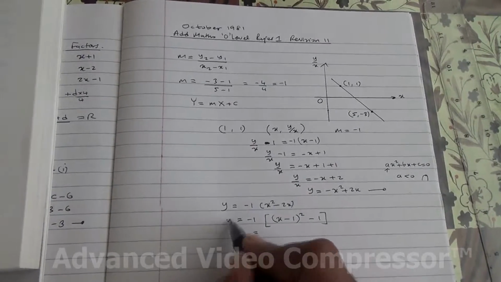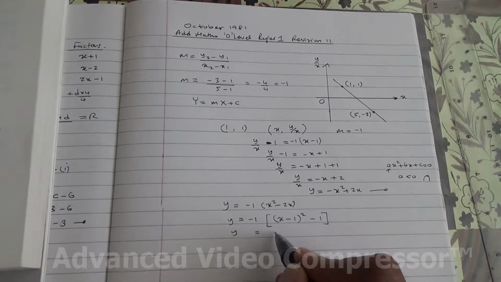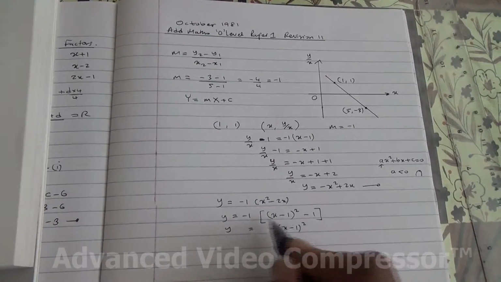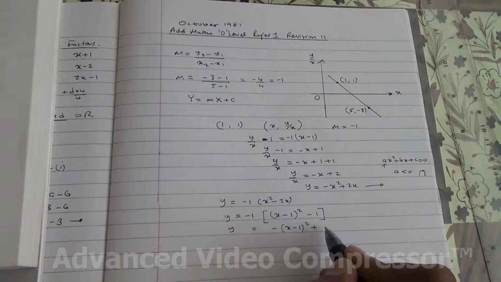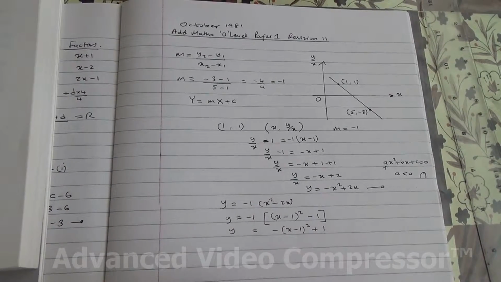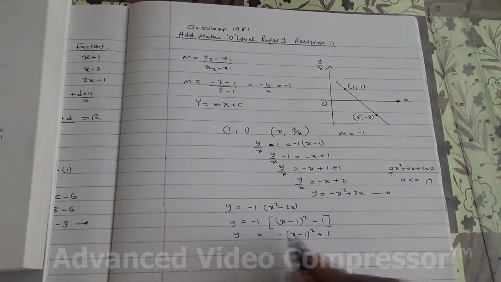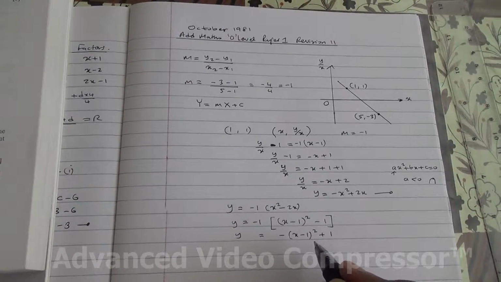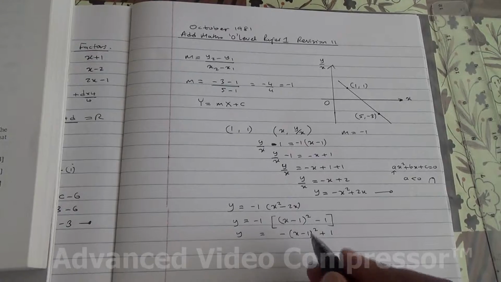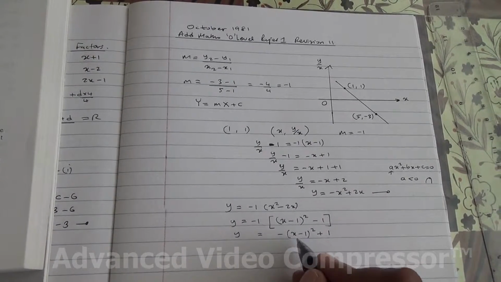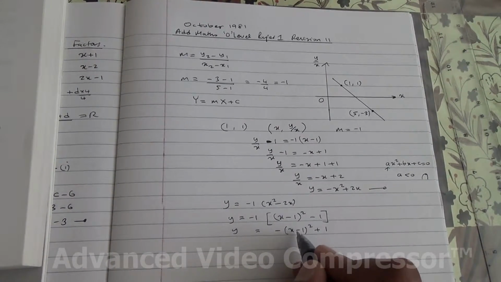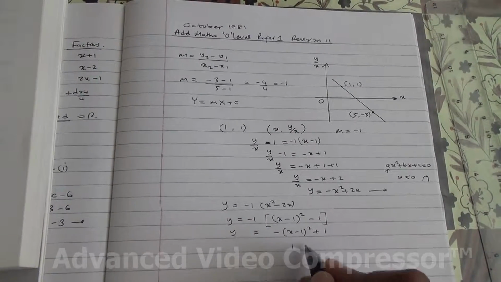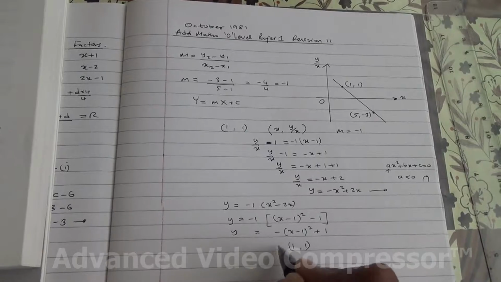So I get minus 1 into (x minus 1) squared, minus 1, and minus times minus becomes plus, so you get plus 1. Now the maximum point is going to be (1, 1), because this is 1 and this is minus 1. So the maximum point is (1, 1).